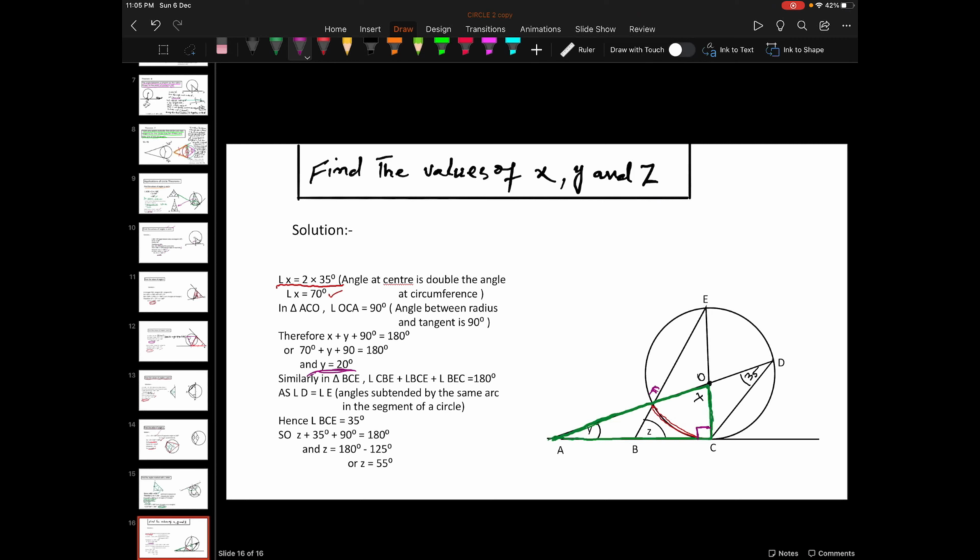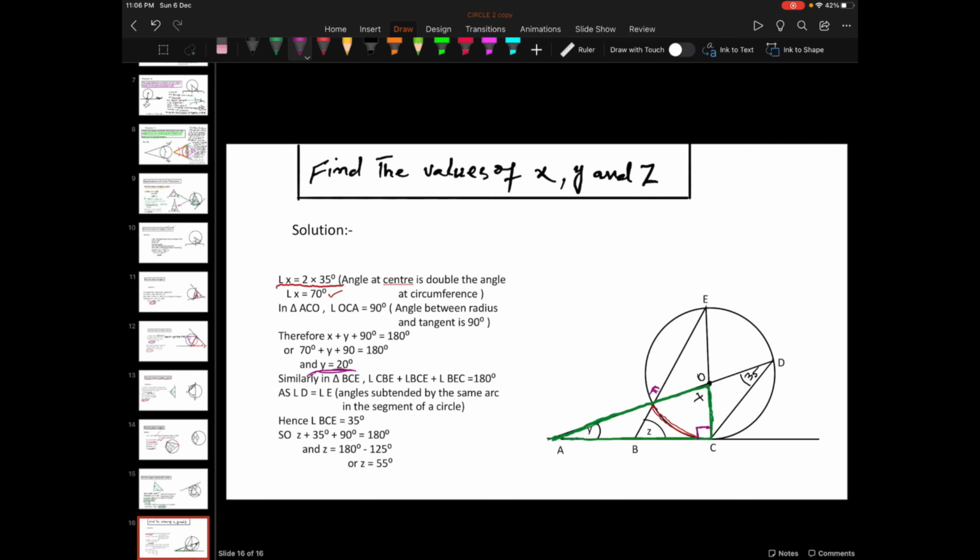Similarly, in triangle BCE, angle CBE plus angle BCE plus angle BEC is equal to 180 degree. As angle D is equal to angle E. Why? Because angles subtended by the same arc in the segment of a circle.